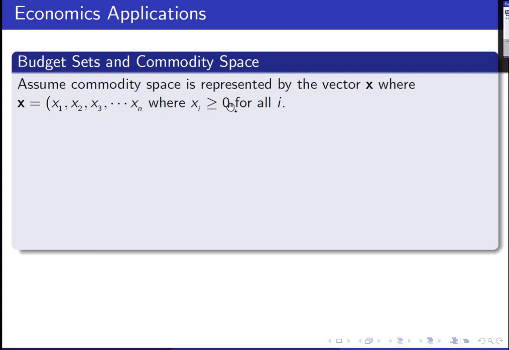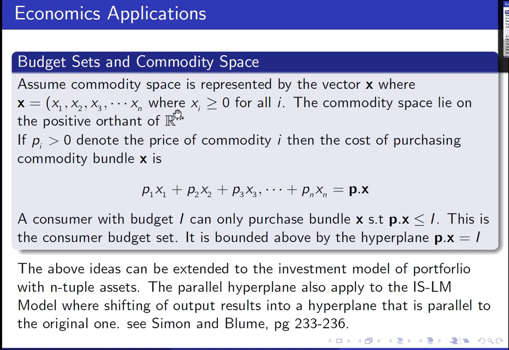Where xi is greater than or equal to 0 for all i, because in economics, we don't consume in negative space. You cannot eat negative 2 apples, negative 1 banana.